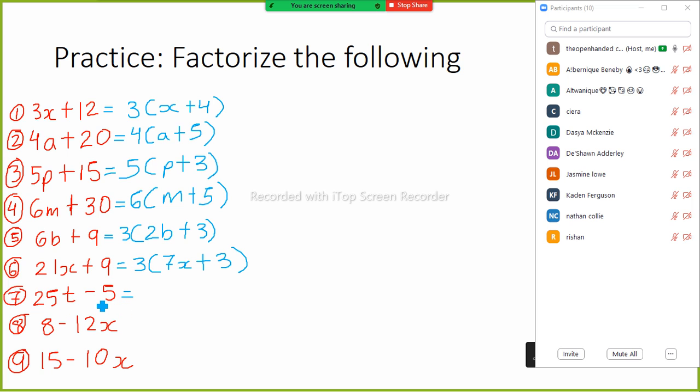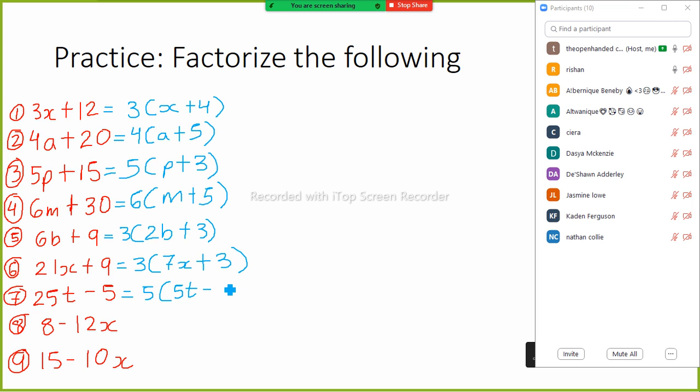Now we have 25c minus 5. Rashan, can you help us with number 7? So it's 5, open brackets, 5c take away 5.